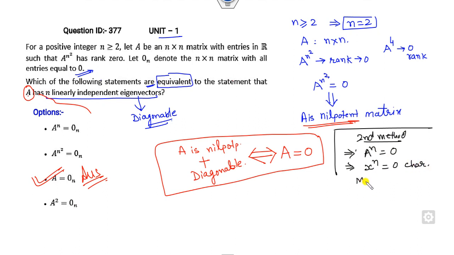Now if I find the minimal polynomial, it has non-repeated linear factors, and we all know the annihilators are the roots of this. So it means the matrix A is 0. So that's the condition, and A equal to 0 is the right answer.